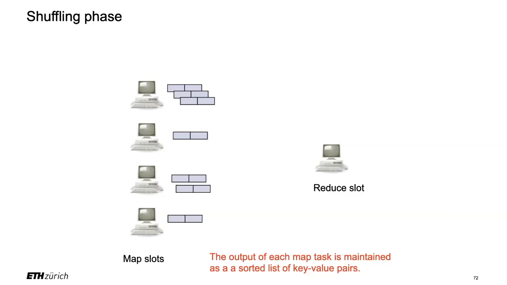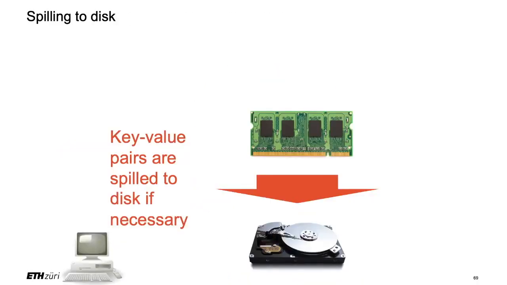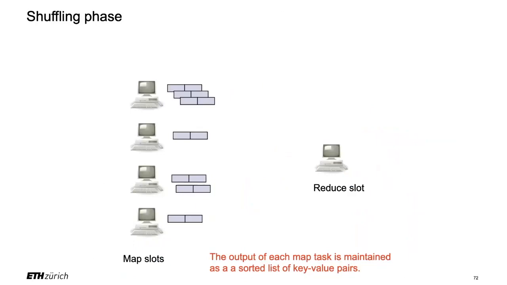For example, they say, okay, hello, I'm responsible for key A. Please give me all the key value pairs with key A. And since I told you that when you have it in memory or when you flush, it's all sorted, then you can imagine that for every map slot, it's super easy to deliver these key values because it's all sorted. So just look them up in the sorted order, and then you transmit them over HTTP to the reduce slots. So of course, I only talked about one value, but now imagine thousands of reduce slots talking to thousands of map slots and all the HTTP connections that you need for that, right? So this is going to take a while.